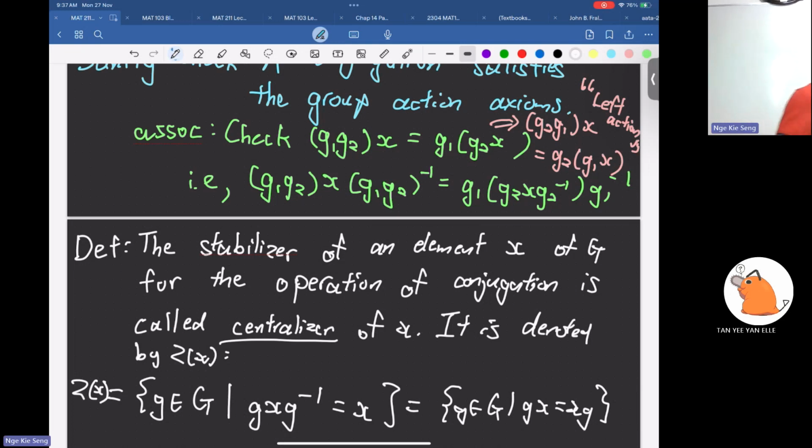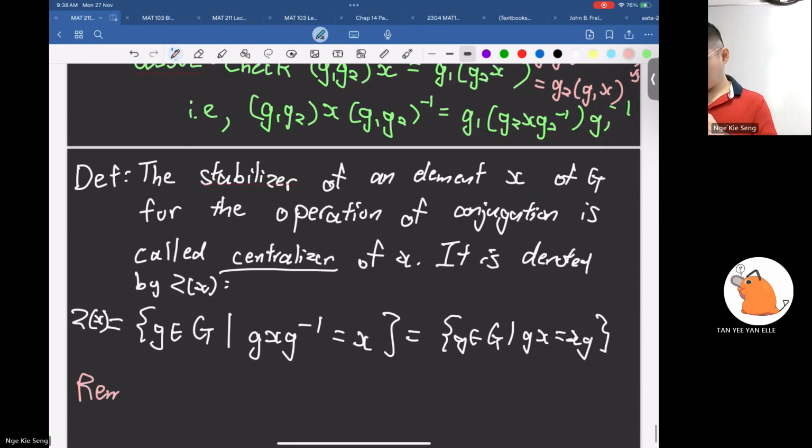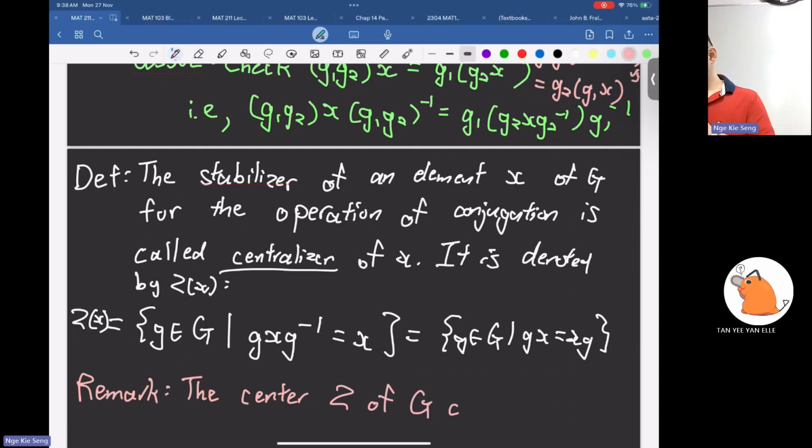So this centralizer here must contain the center, because the center commutes with everyone. In particular, it commutes with x. So, a remark here: the center Z of G is contained in Zx.